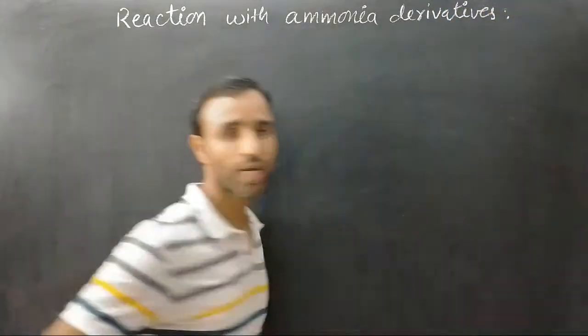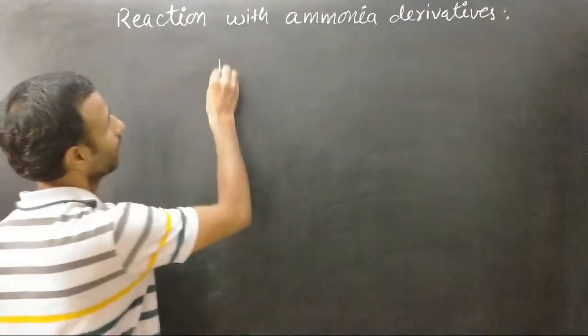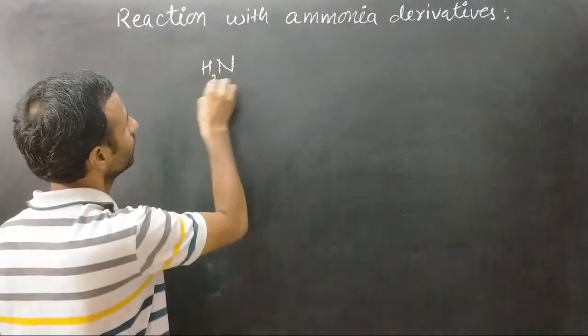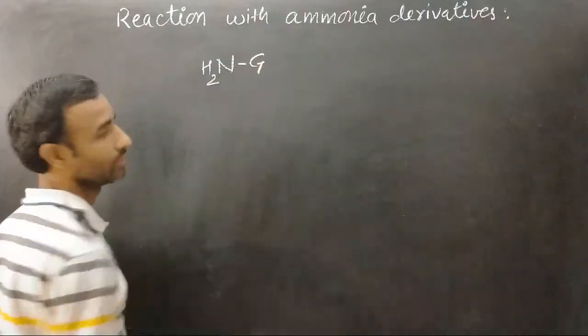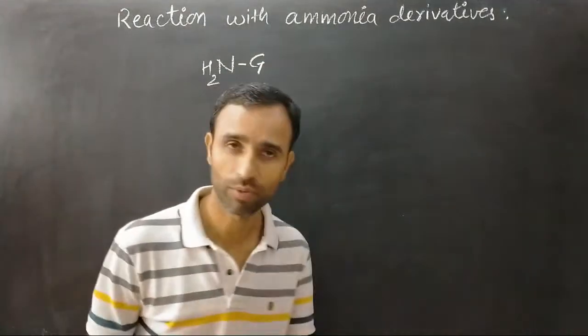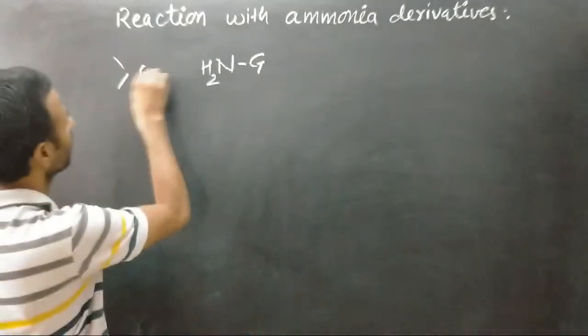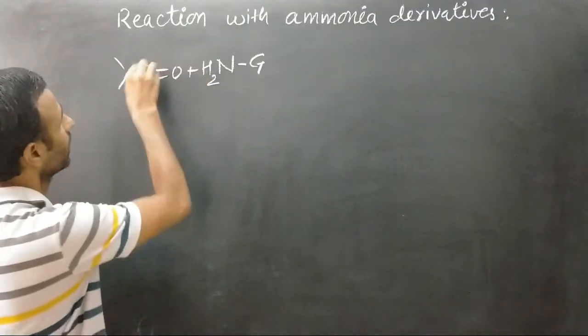So you know ammonia derivative means ammonia is NH3. So if one hydrogen is replaced by some other group, that is called an ammonia derivative. So a carbonyl compound reacts with an ammonia derivative.